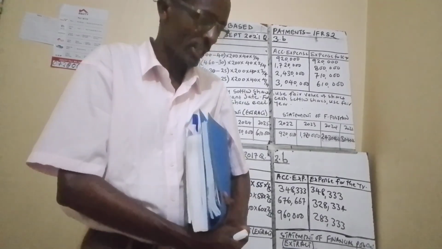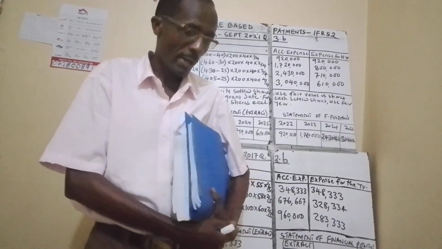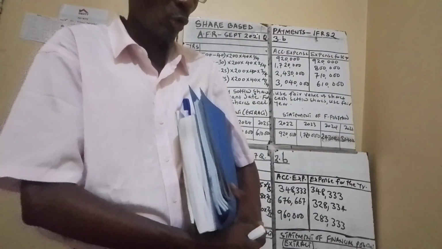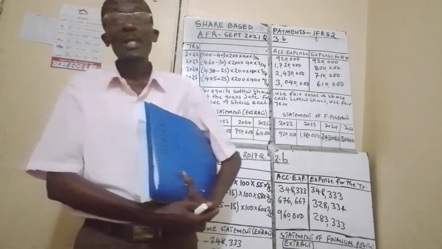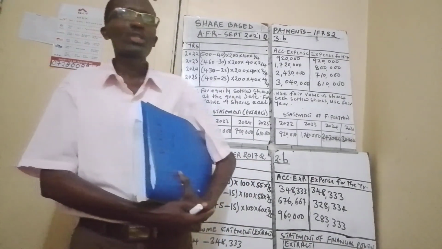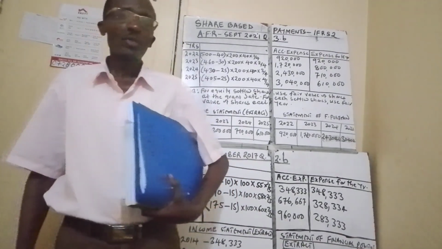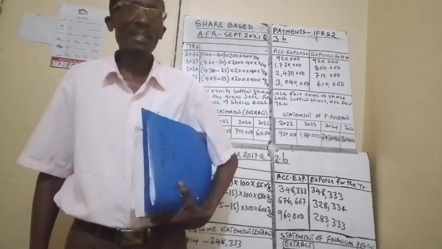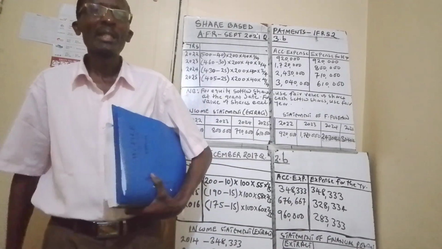And we have three types of share-based payments. One, as I've told you, is equity settled share-based. What it means by equity settled share-based is that you supply either goods or services to a business entity, and then you agree that you will be paid.